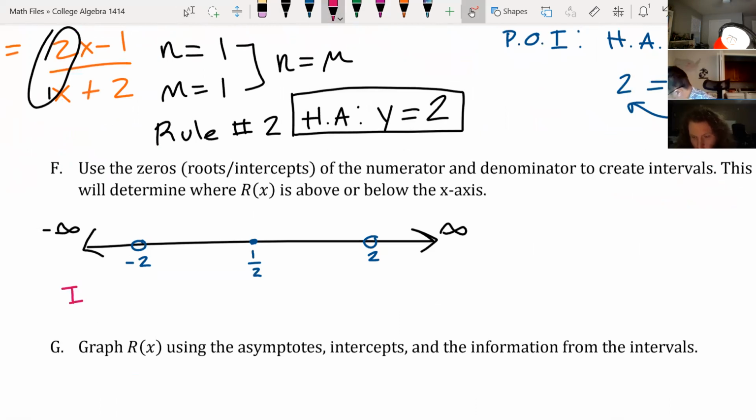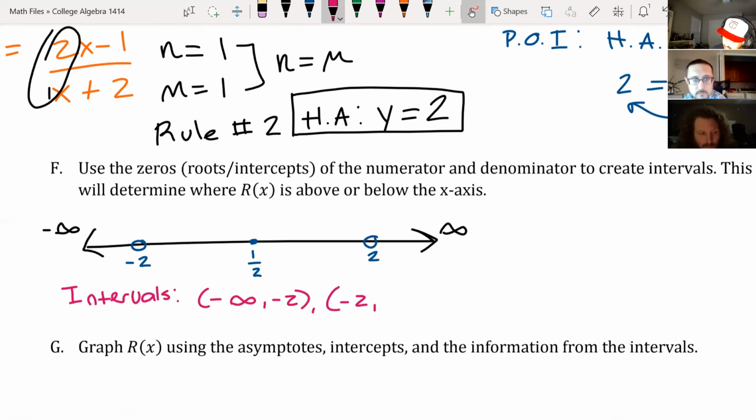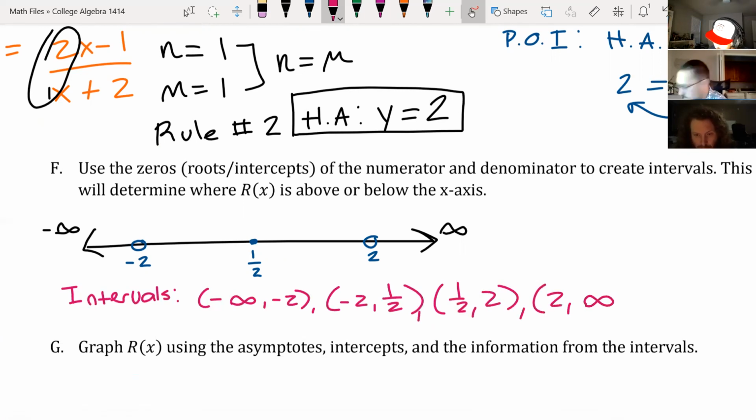Here's my intervals. -infinity to -2. -2 to 1/2. 1/2 to 2. And 2 to infinity. 1, 2, 3, 4. Okay.